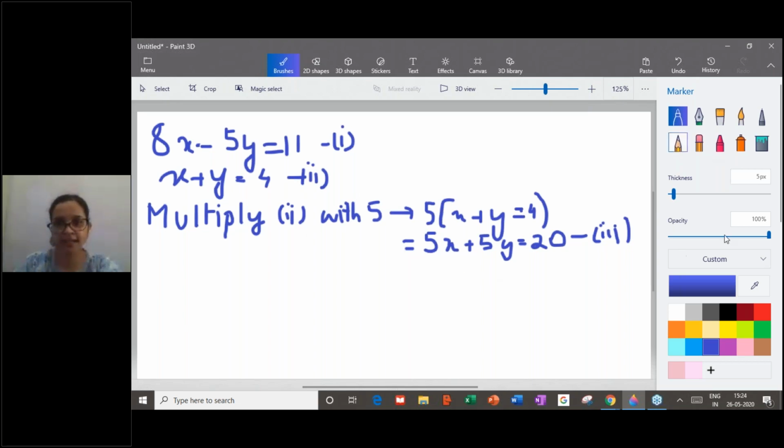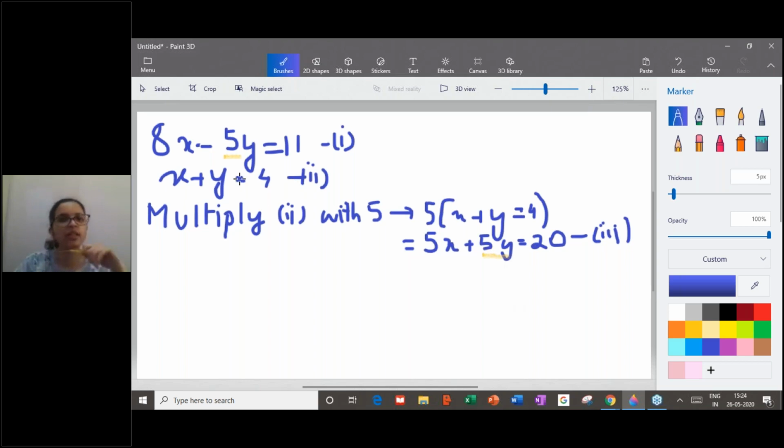Now you can see here, right? The coefficient of y is 5 and 5. So by subtracting, in this case, either 1 from 3 or 3 from 1, we can get rid of the, oh no, sorry, actually by adding, there is a minus sign here and there is a plus sign here.